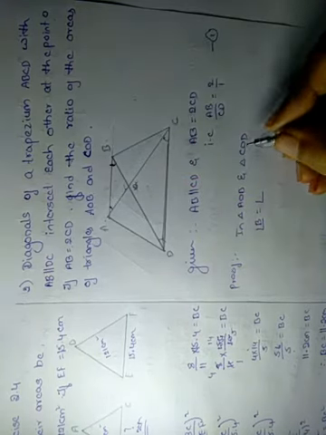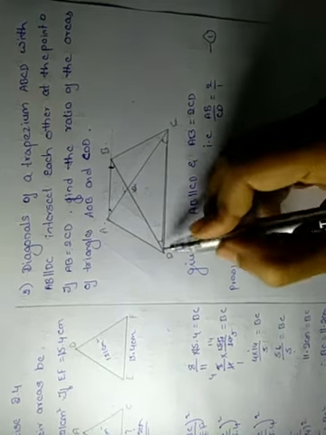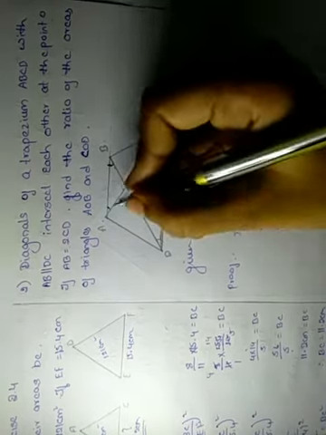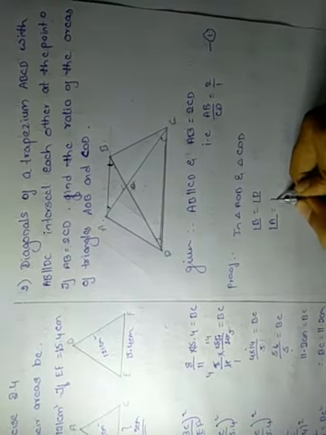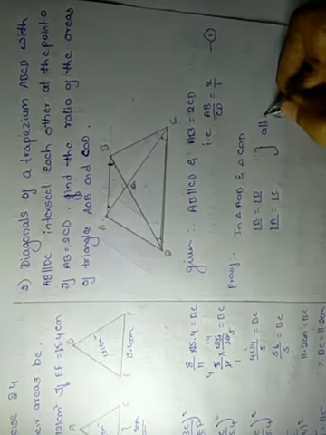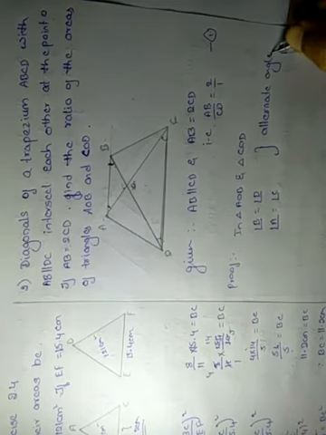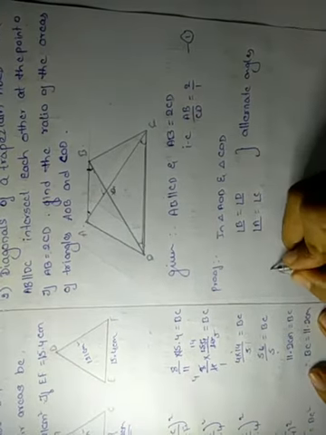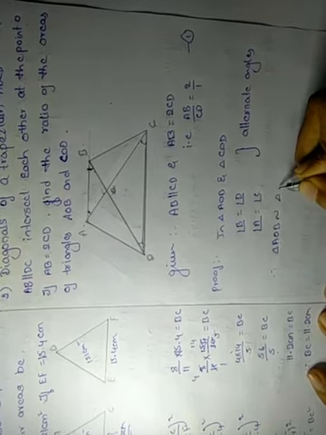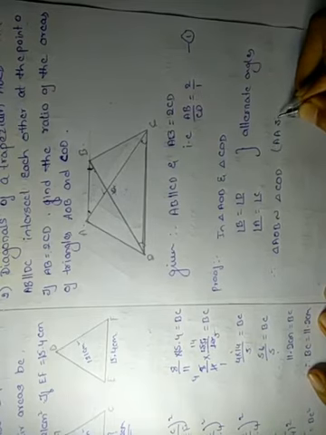And here we have taken triangle COD, so we take D. Angle D is equal to angle B, and one more, angle A is equal to angle C, because these two are alternate angles. Right? Therefore we can say that triangle AOB is similar to triangle COD by angle similarity.